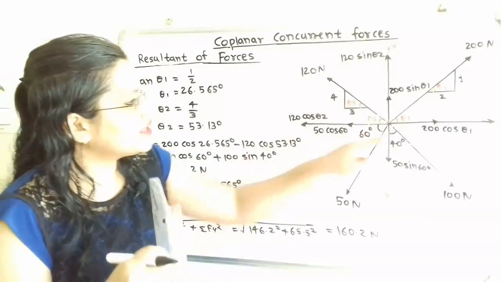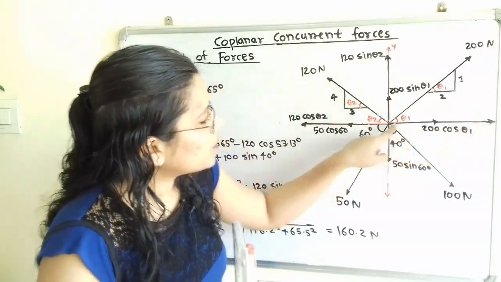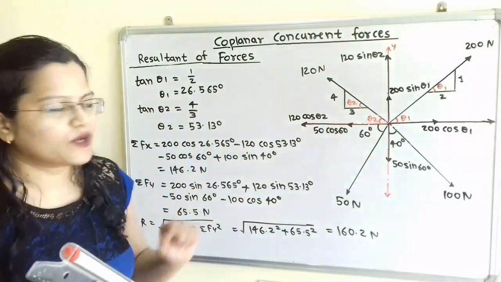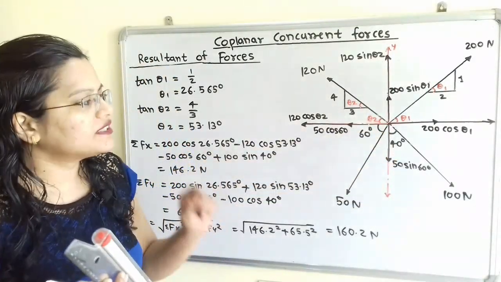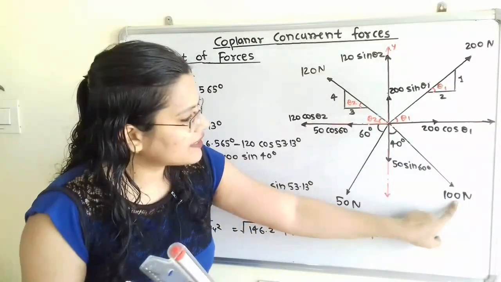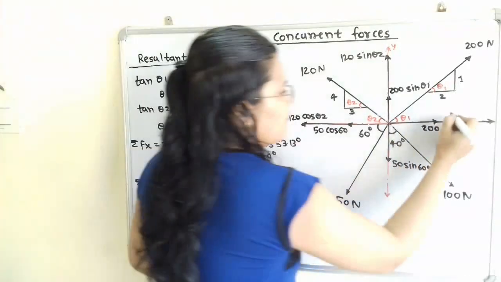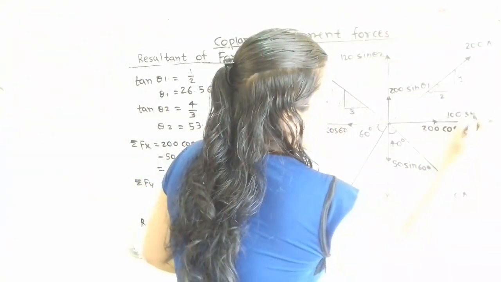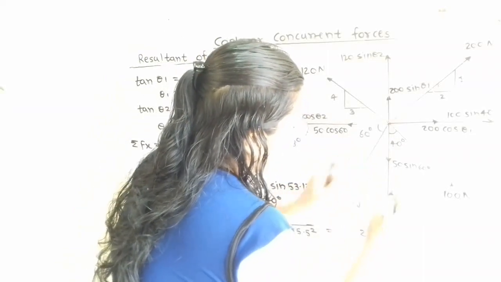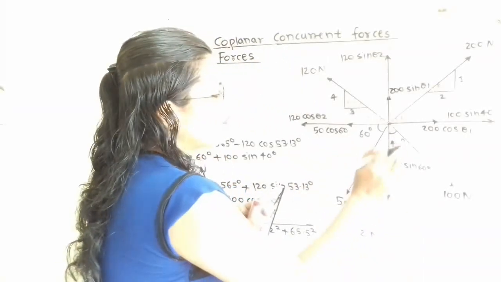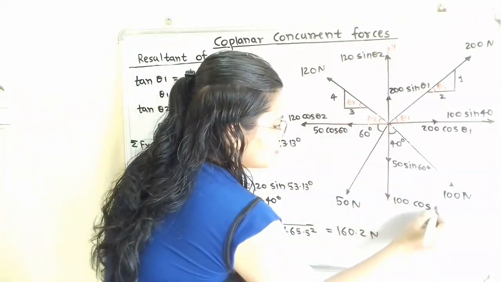Its value is away from this angle, because this angle is in between the vertical component and the force. So its value is 100 sine of 40. And for the vertical component, we show 100 cos of 40.